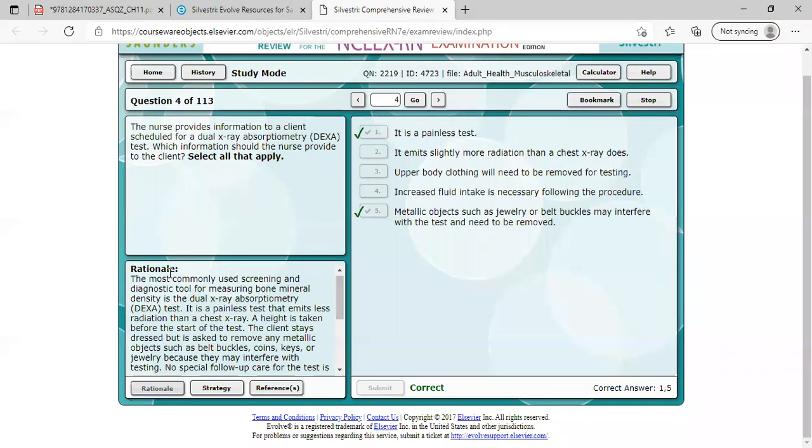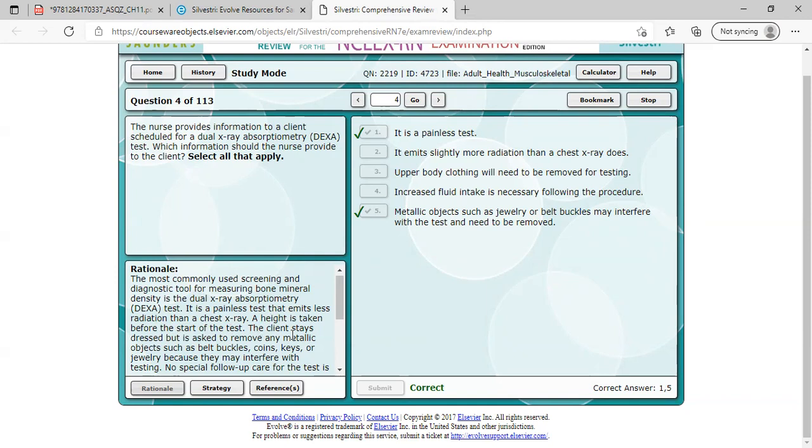It is the most commonly used scanning and diagnostic tool for measuring bone mineral density, right? And it is a painless test, and it emits less radiation than a chest X-ray. A height is taken before the start of the test.